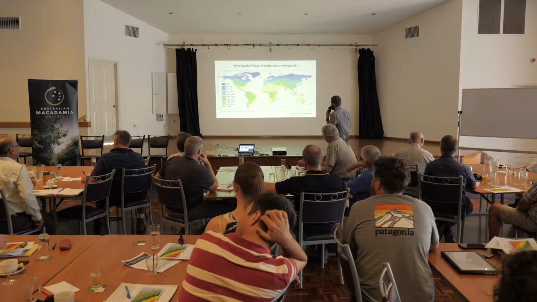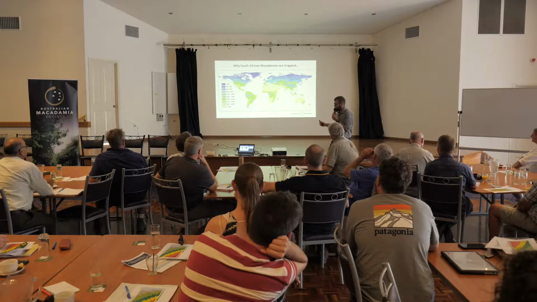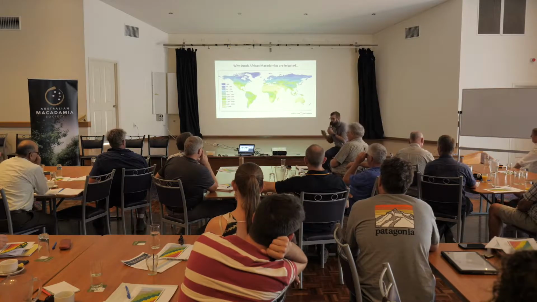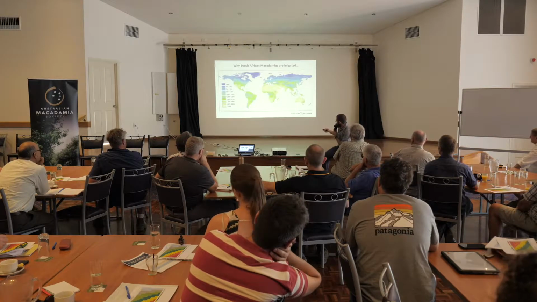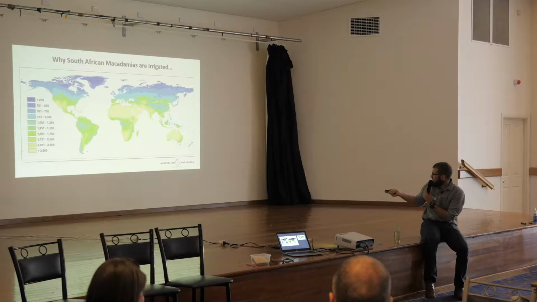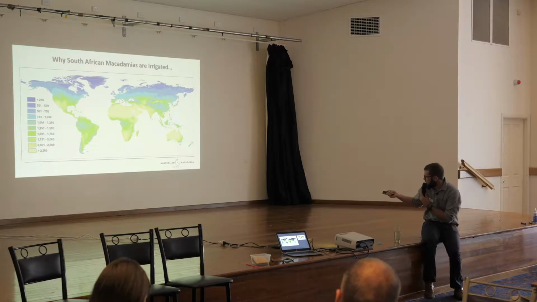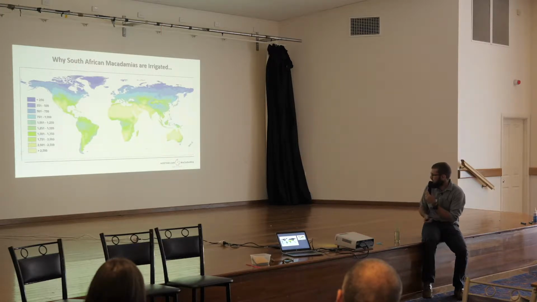Good stuff. So this is a world map of potential evapotranspiration. I'm still struggling with geography, but that's all right. More or less there is where I'm staying in Nelspruit, that little dot there.